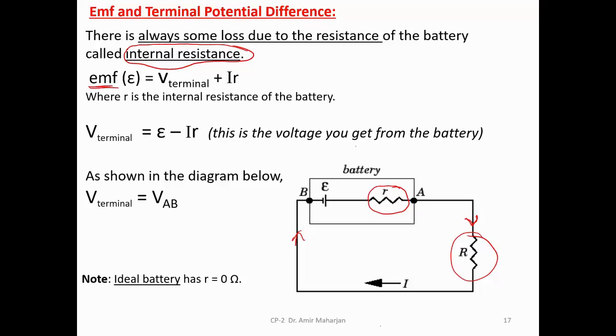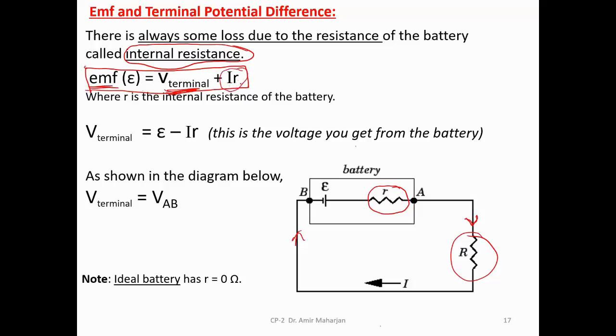And what's the relation? This is the relationship between the EMF of the battery and the voltage you see. The EMF of the battery, which is the maximum possible voltage the battery is supposed to give, a constant voltage, right, is equal to the terminal voltage you see, the voltage across the battery, plus some internal loss.